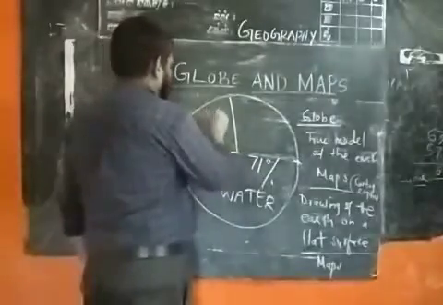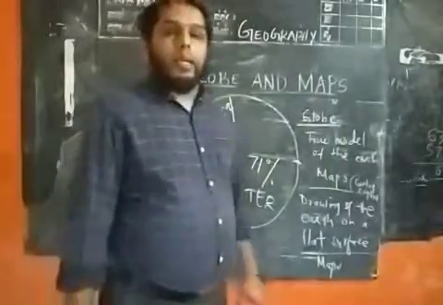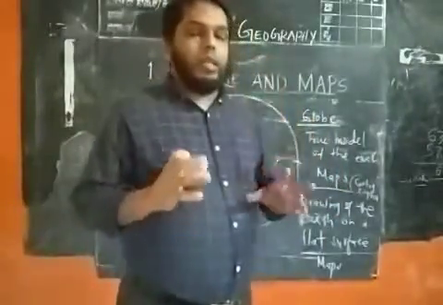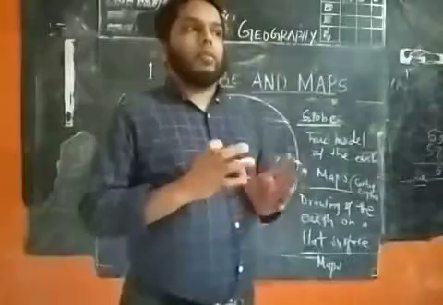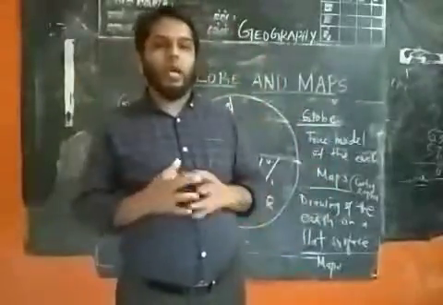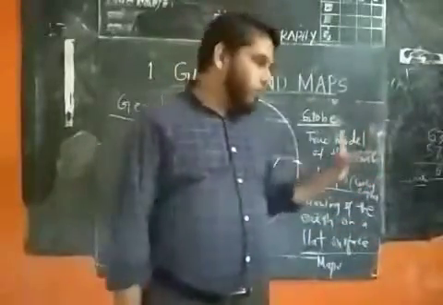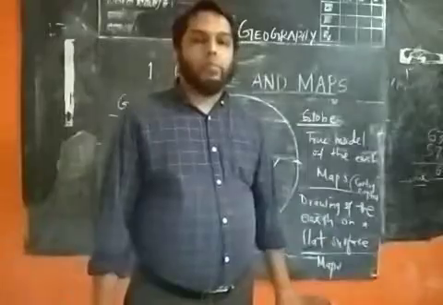This is land. And when we look at the photographs of earth taken from the satellites, we know earth is looking blue in color. The reason is the presence of water and atmosphere.